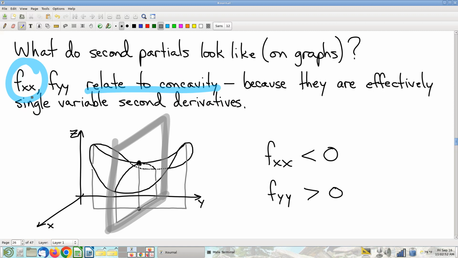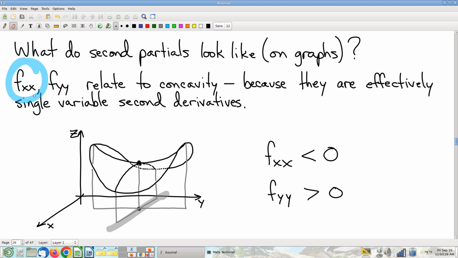Y is just flat constant. So you're literally looking at this curve, the cross-section in the x direction, and you're literally taking single variable derivatives of it. And so this boils down to, hey, what is the second derivative, the regular old single variable second derivative? Well, it's concavity. And here we have, this is clearly concave down, and so that f_xx is negative. Just like I say, exactly what you would have thought.